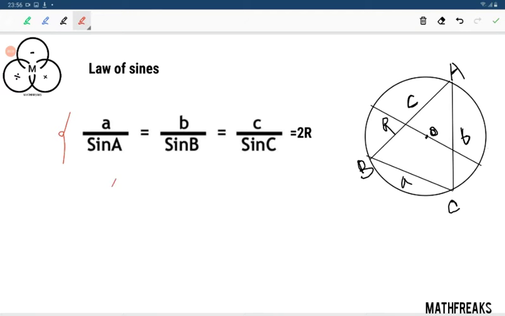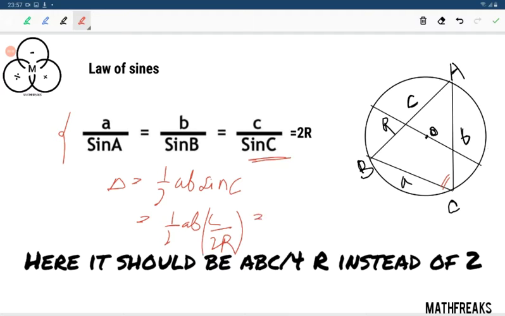That is the area of a triangle. Area of a triangle is half into ab sine of the angle between a and b. If we are considering a and b, then we consider sine of angle C, half ab sine C. Now sine C can be considered as c by 2R. So area of a triangle is abc by 4R.